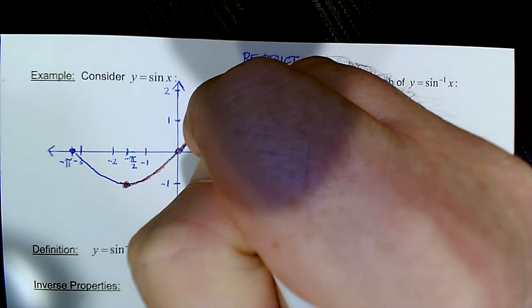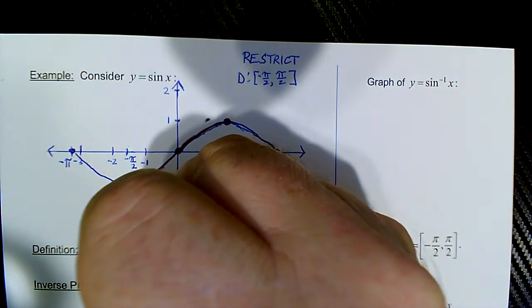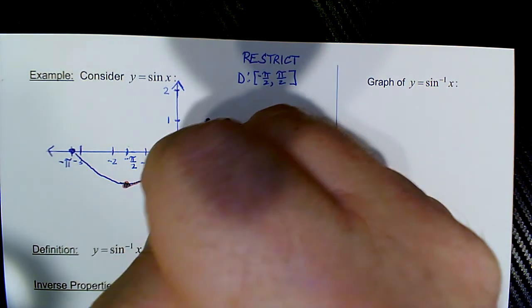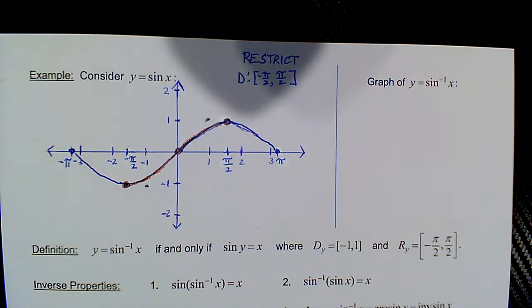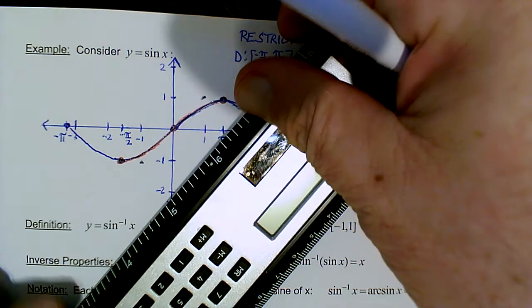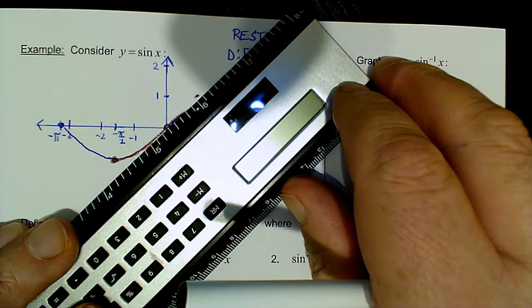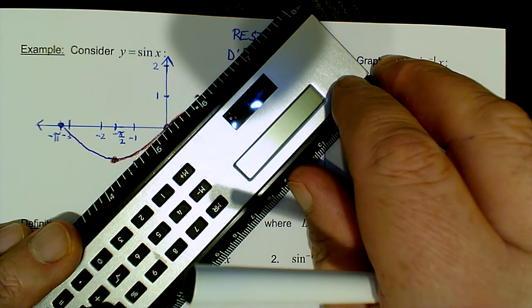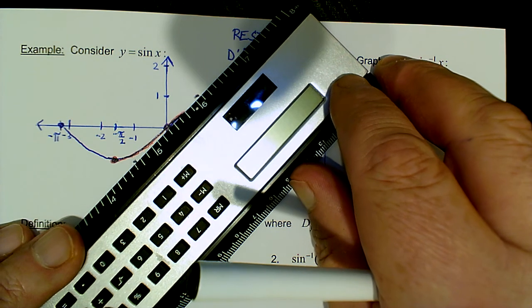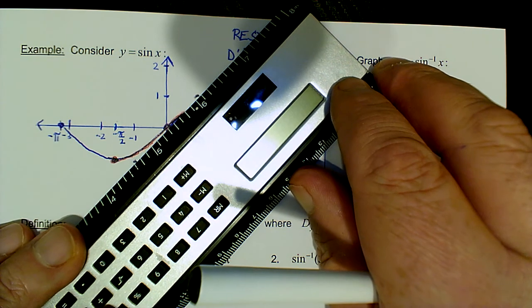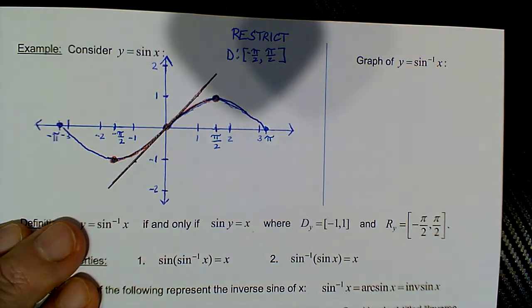So let's draw that. It passes through the points 1, 1, negative 1, negative 1, and 0, 0. So the line y equaling x looks like that.